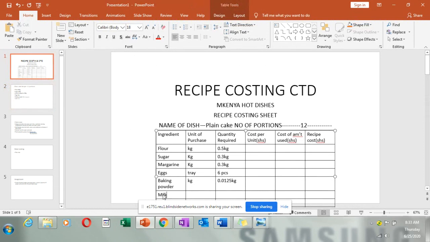Milk sold in liters, and we have 0.015 liters. Okay, so then you go back to the price list.